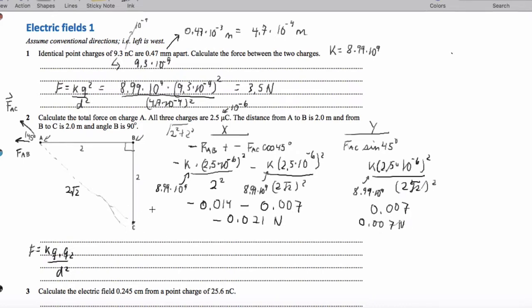Now, to get the value of the force, when we add x and y components, the total force is going to be the x part squared plus the y part squared under a square root. That goes back to our old knowledge of forces from the last semester. So 0.021 squared plus 0.007 squared.